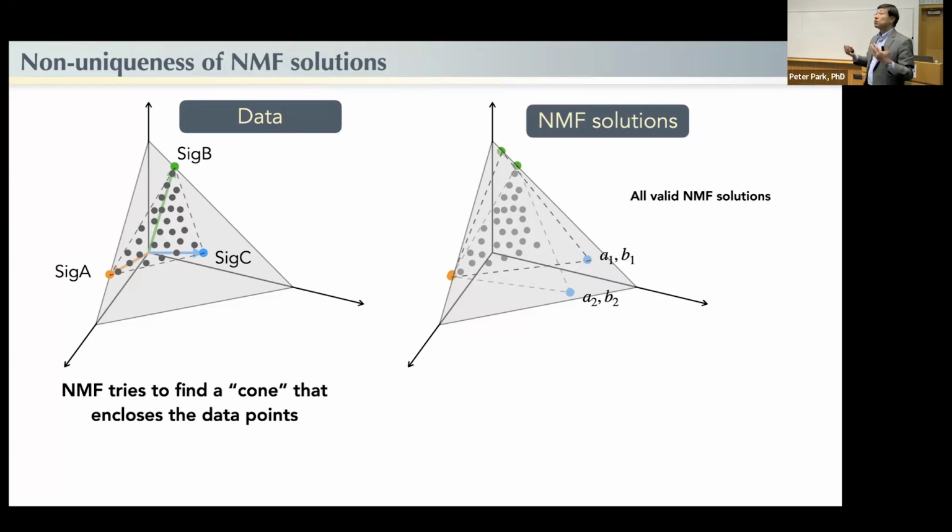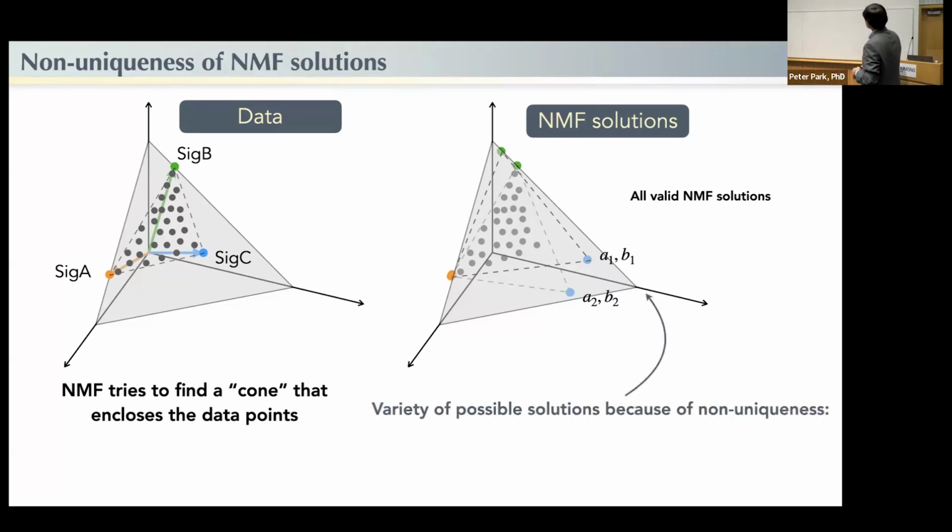And it turns out that there's a non-uniqueness problem, right? There are many solutions that will explain this, okay? And that's a problem because later on, I'll show you an example where given a signature, we're trying to find whether that patient has a particular process. And if the solution turns out to be non-unique, that's a problem, right? There are lots of possible solutions, and NMF as an algorithm is an iterative algorithm with many initial starts.